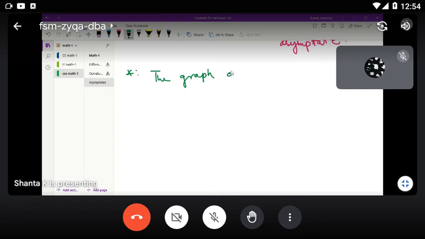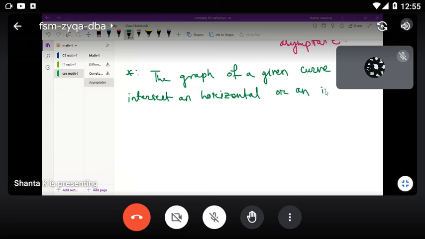The graph of a given curve may intersect a horizontal or an inclined asymptote.